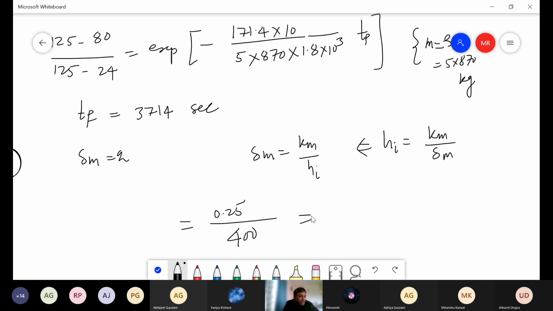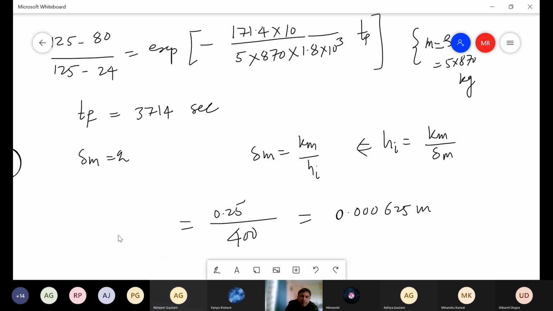So you will get the film thickness as 0.625 by 10 to the power 3 meter, that is 0.06 centimeters. Is it correct? Yes, sir. This is the answer of part B.